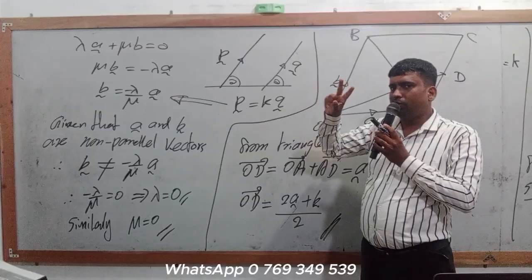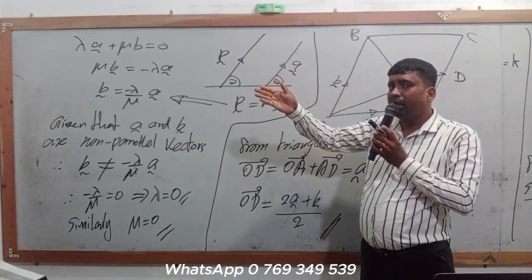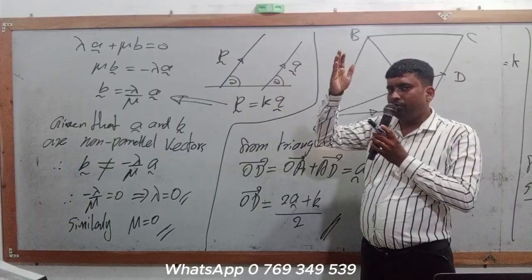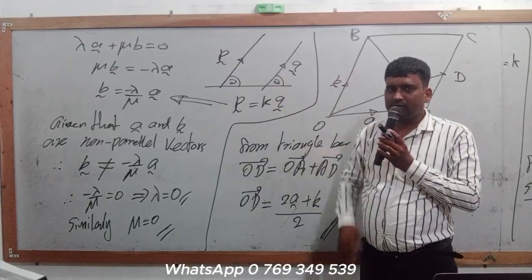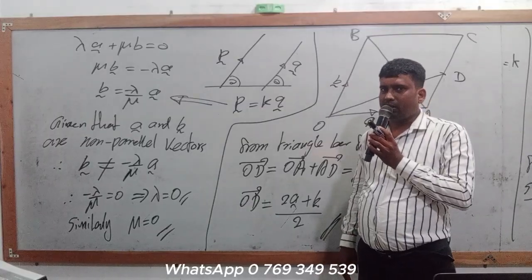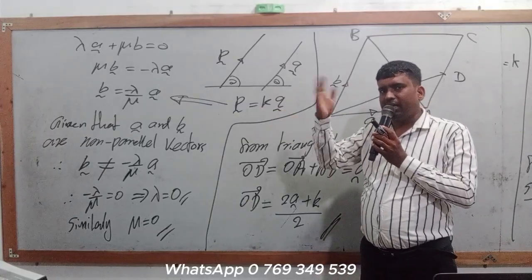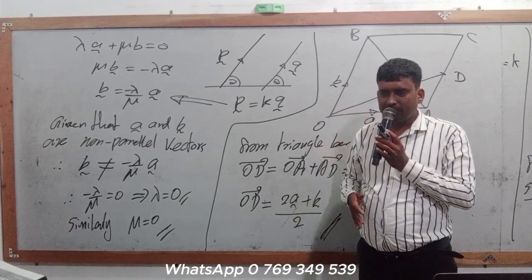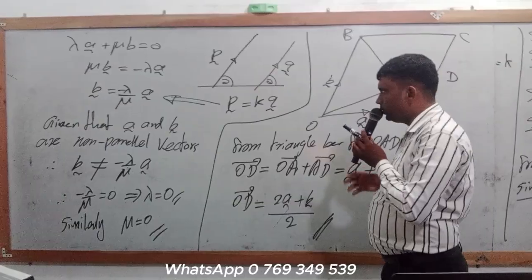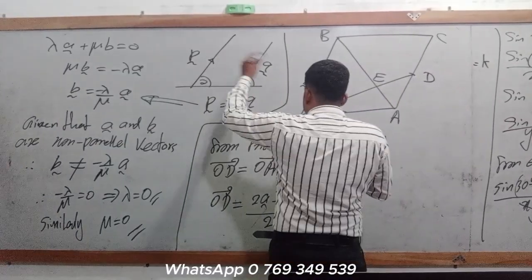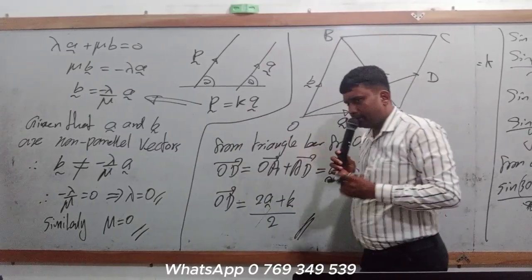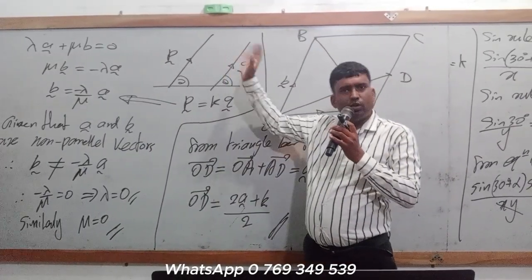Two vectors are parallel means one vector is a scalar multiple of the other vector. That is the main theory. Now you have to explain in your own words.